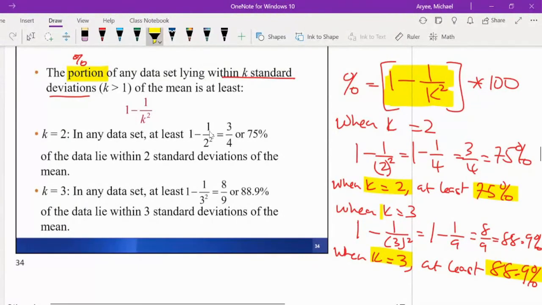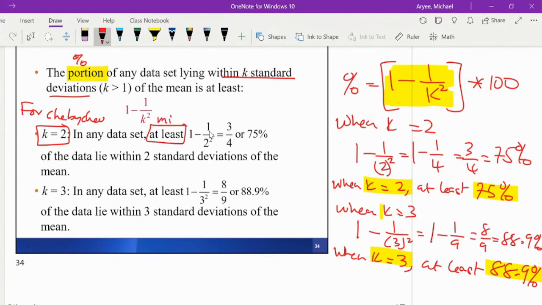But I want you to memorize this for Chebyshev. When k is 2, at least 75%.